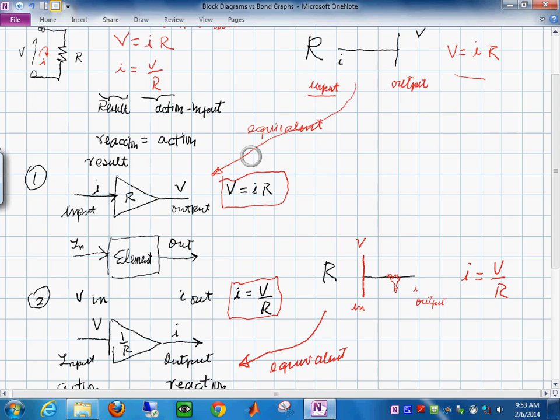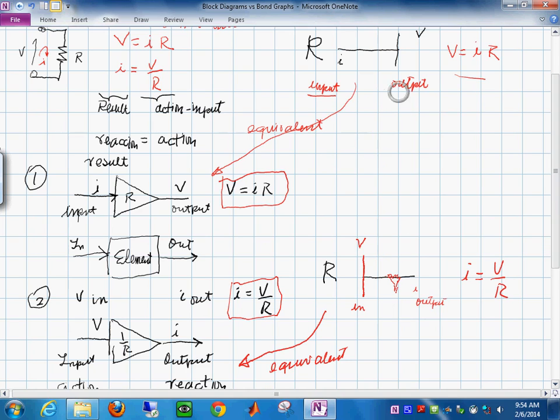This is your block diagram of this equation, and this on the right-hand side is your bond graph of the very same thing.